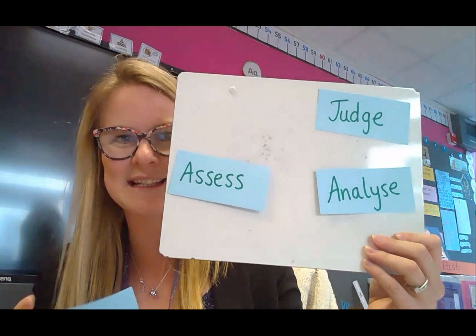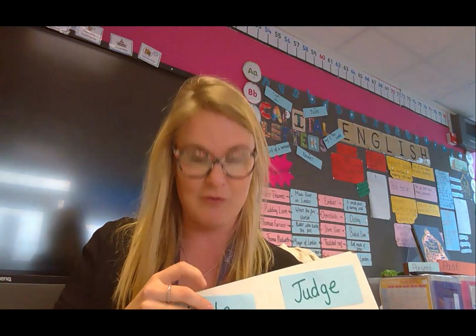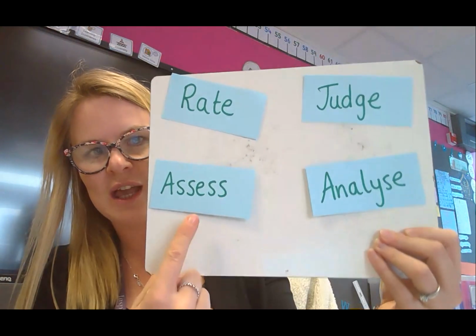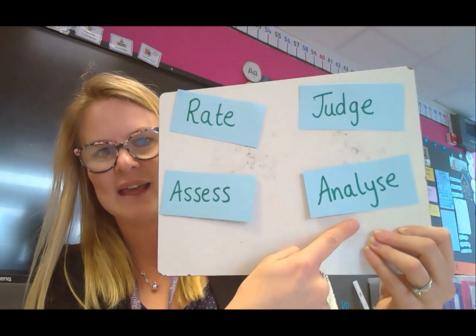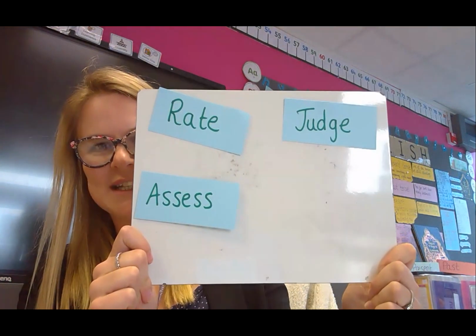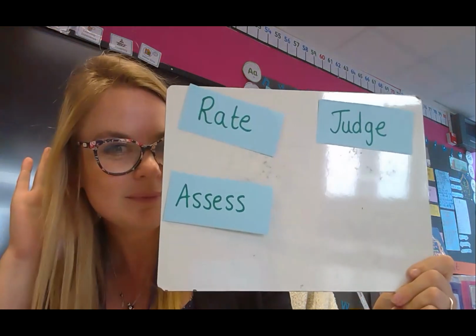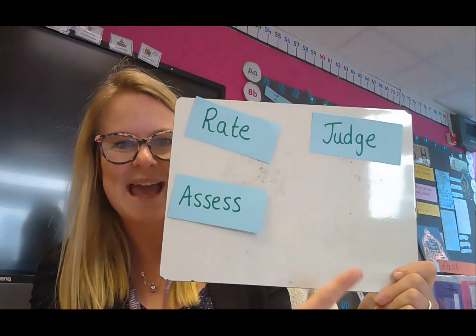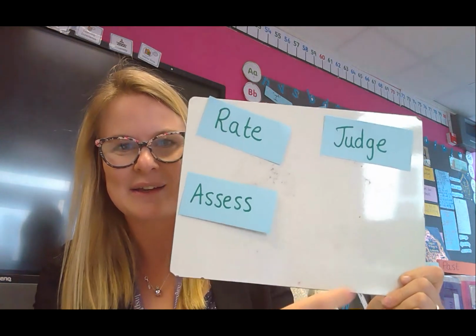It was rate that disappeared. Well done. Right, last one. Ready? Take a look. Got rate, judge, assess, and analyze. Take one away. What is it? Can you call out to the screen? I hope I heard you all say analyze.